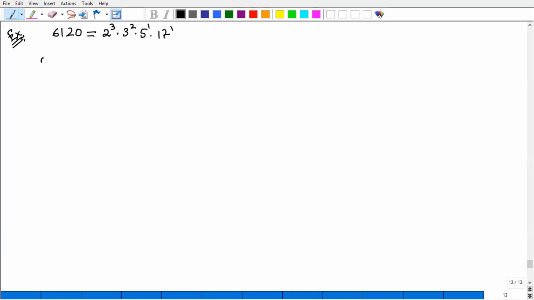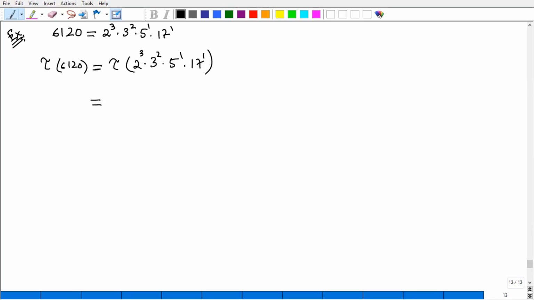Now we apply tau on 6120. It means we are applying tau on 2 to the power 3 times 3 to the power 2 times 5 to the power 1 times 17 to the power 1. So this is e1, e2, e3, e4.